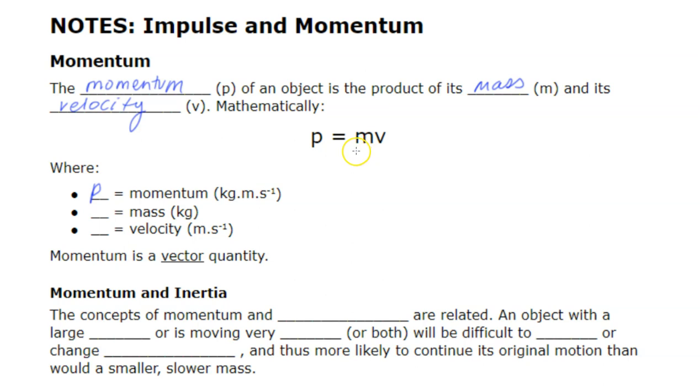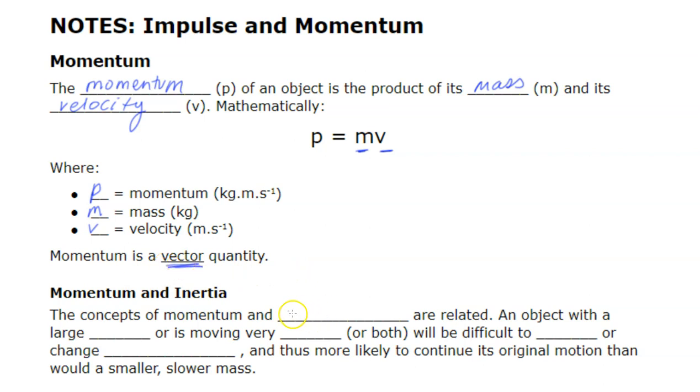M is for the mass of the object and v is for its velocity. Remember that since velocity is a vector, momentum is also a vector.